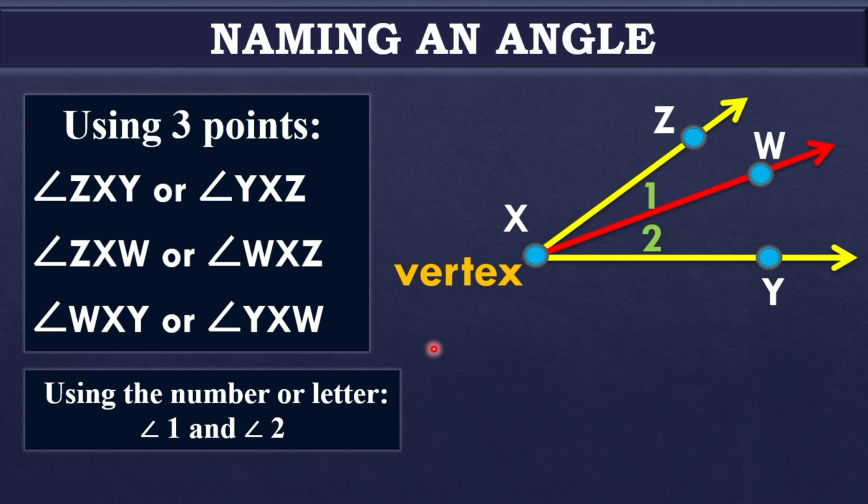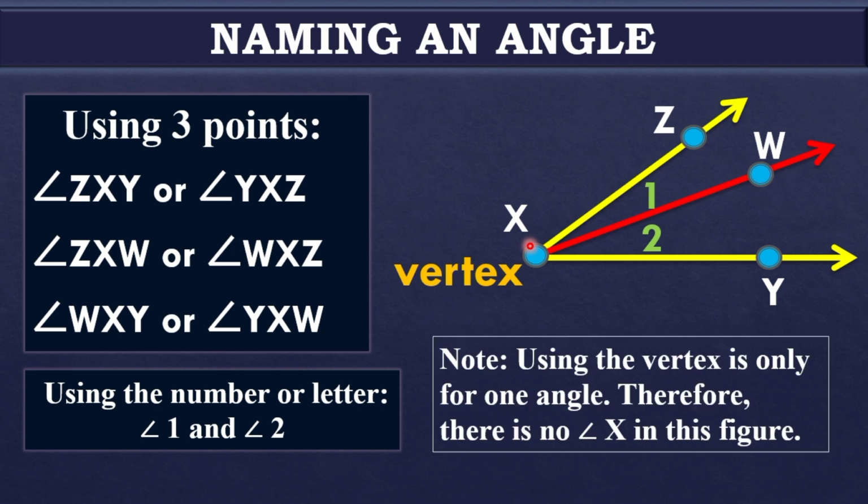Next, paano naman kapag vertex? Pwede ba natin tawagin na angle X? No. Why? So, when we are using the vertex, it is only applicable for one angle. Okay? So, kapag isa lang yung angle mo, pwede mong gamitin yung vertex to name the angle. Okay. So, in this figure, wala po tayong angle X dito. Bakit?